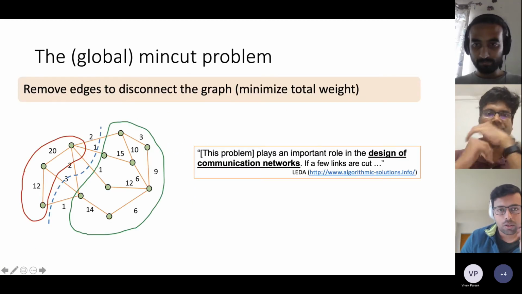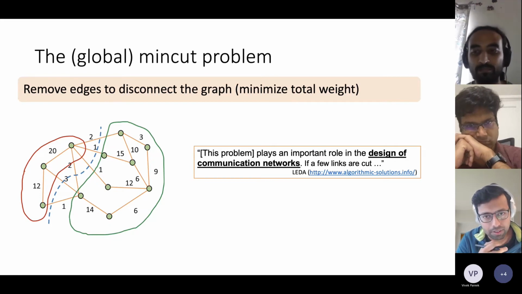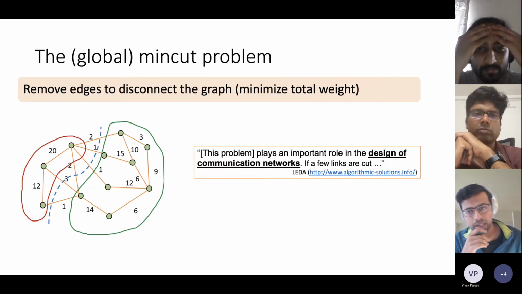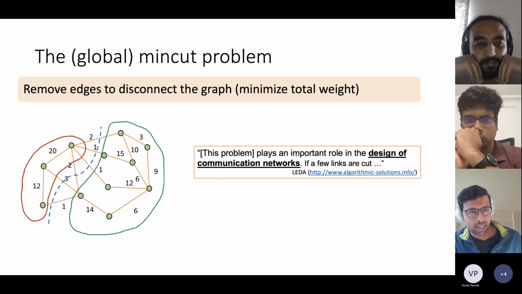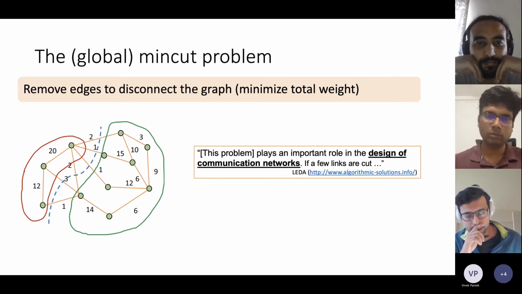The global minimum cut problem is defined on a graph, and the graph can be viewed as any kind of network that you have in your mind. Given a graph or any network, the question is how many edges you have to remove to disconnect the network.